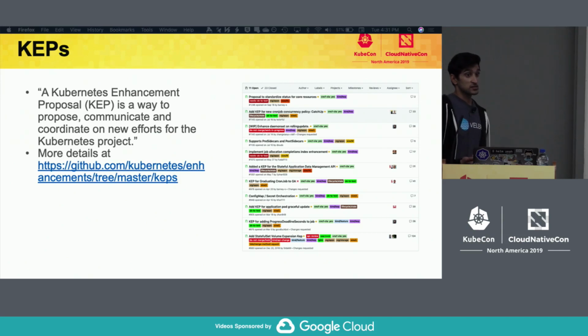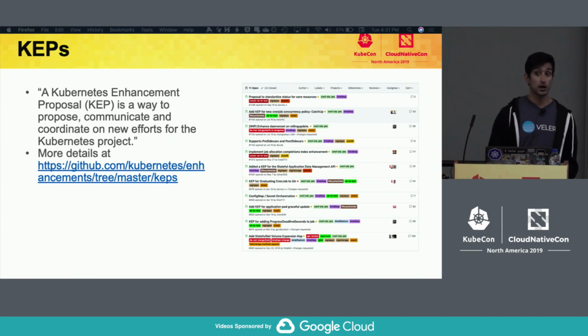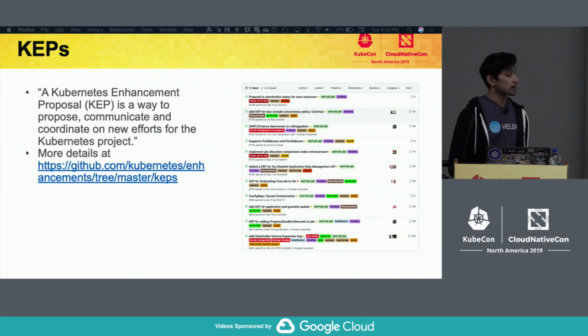So when we want to make changes to a Kubernetes API, whether it be a core API or a completely new API, like all other SIGs, we go through the Kubernetes Enhancement Proposal process.